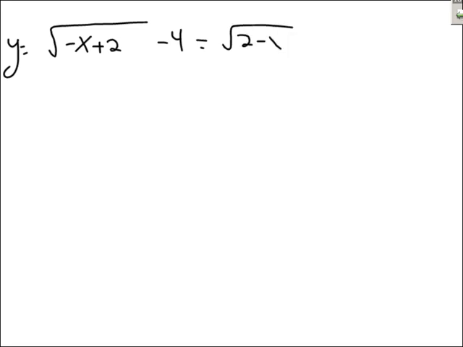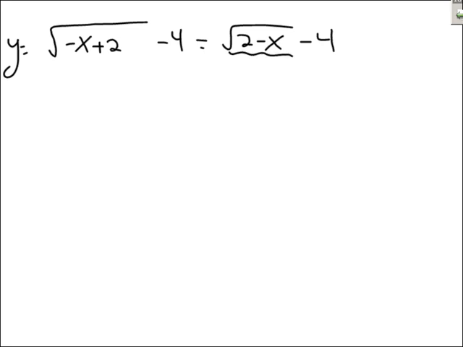What about 1 over negative x? I don't like that one either. When you replace x with a negative x, it's the mirror image across the y-axis. That is, if you were asked to graph y is equal to the square root of negative x plus 2 minus 4, which is also known as the square root of 2 minus x minus 4.